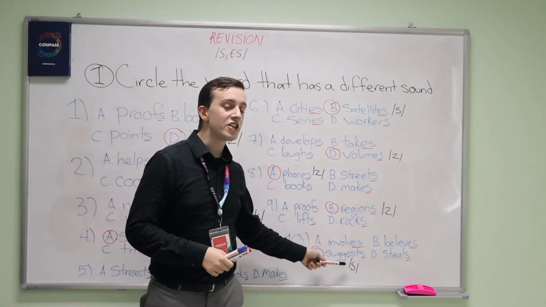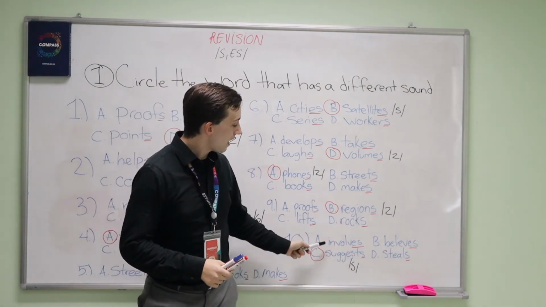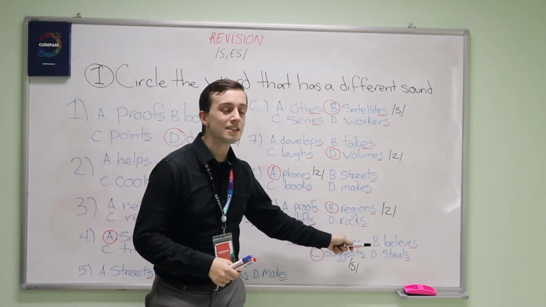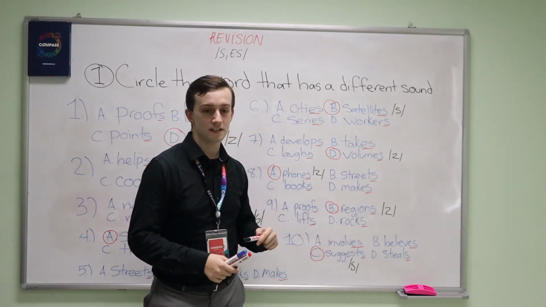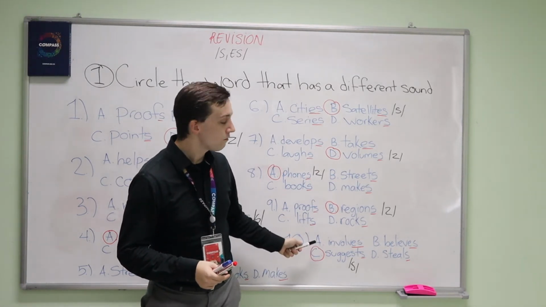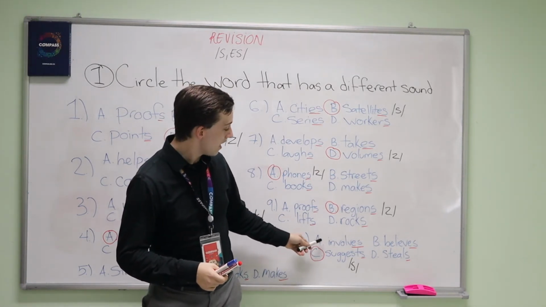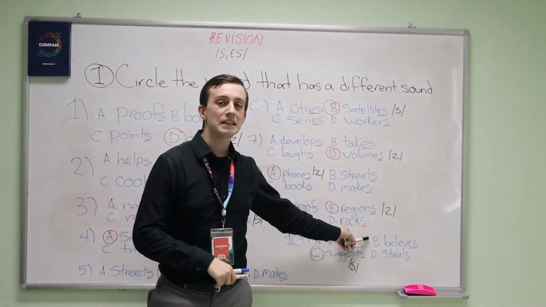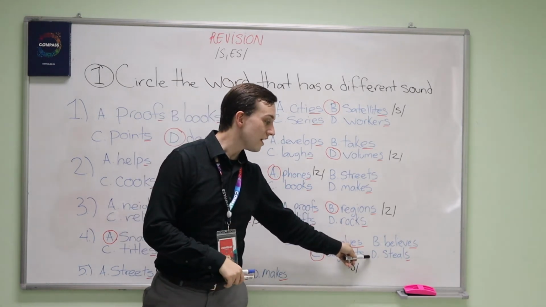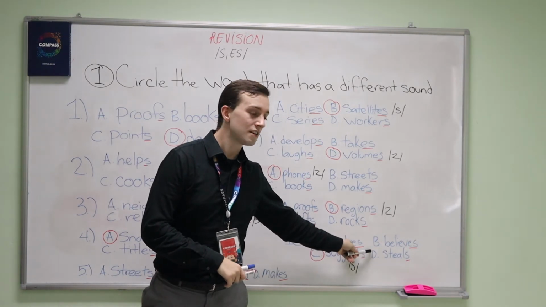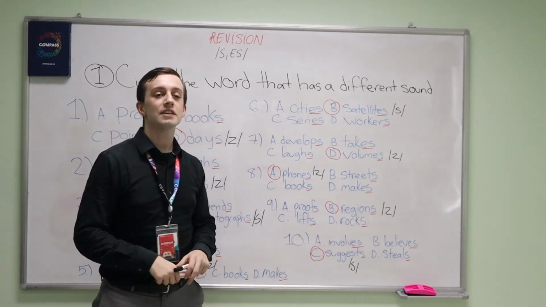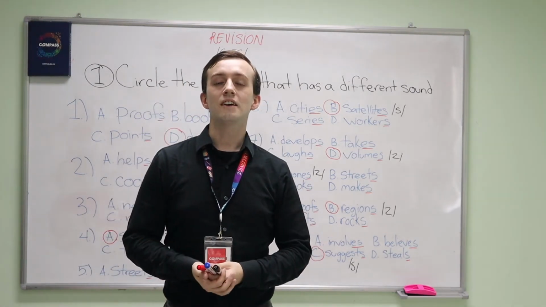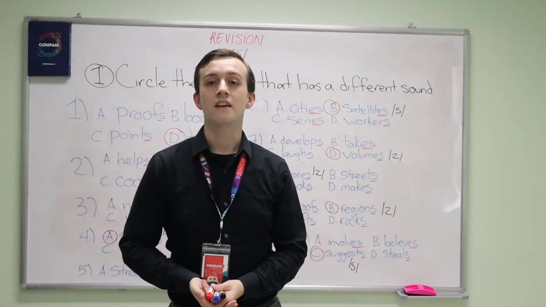S, suggests. A, B, and D, S and ES make the sound Z. So listen one more time. A, involves. B, believes. D, steals. And C, suggests. Okay, now that is the end of questions 1 to 10.